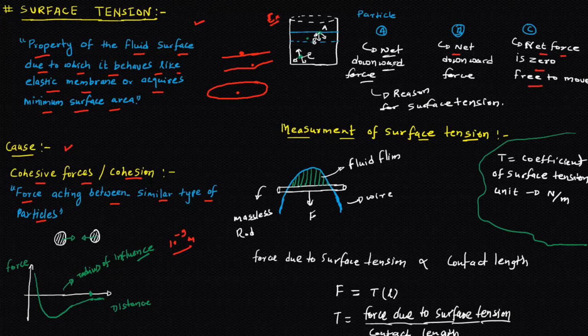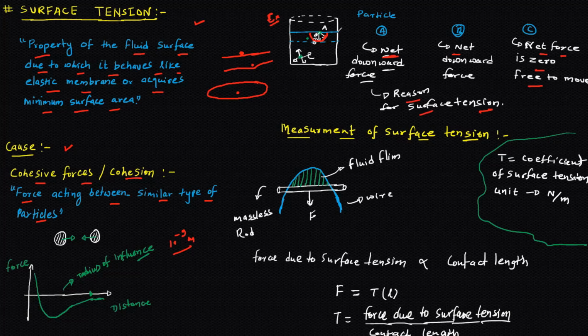But particle B, and especially particle A, feels the cohesive force due to the downward particles. There is no particle above this point, so there is a total downward force on particle A.